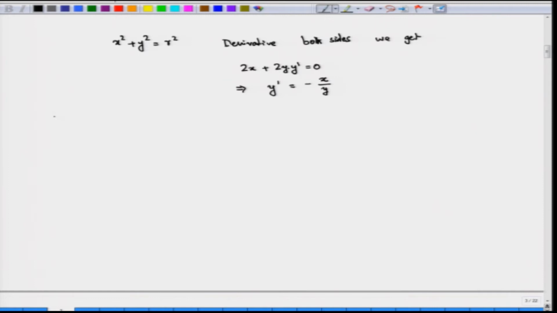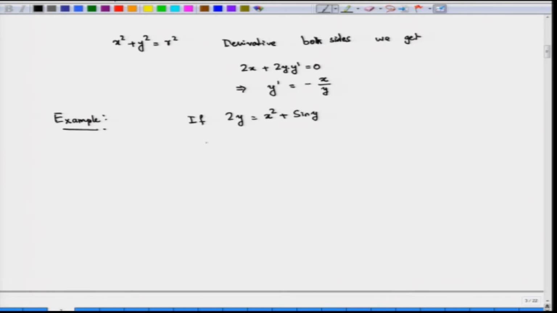Let us consider another example: 2y is equal to x square plus sin y. We want to find the derivative, and as we can see, we cannot write y explicitly in terms of x.